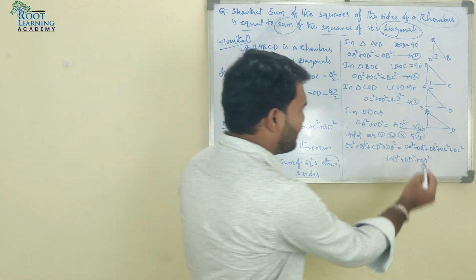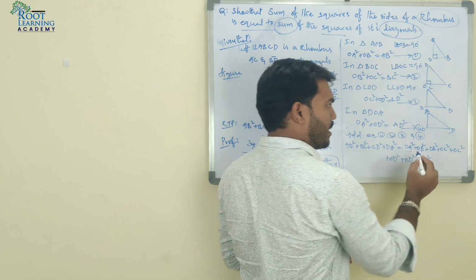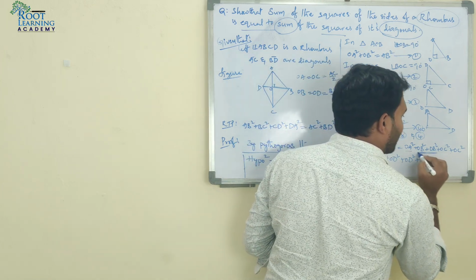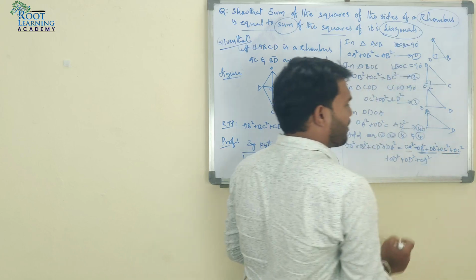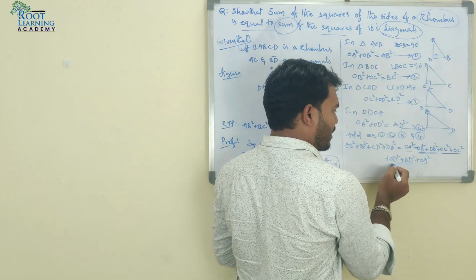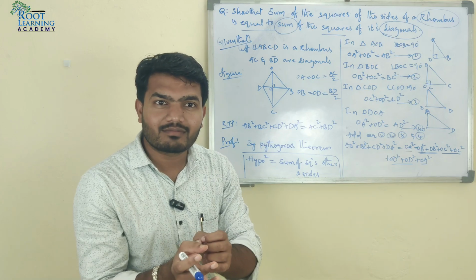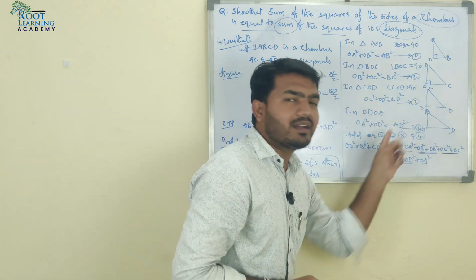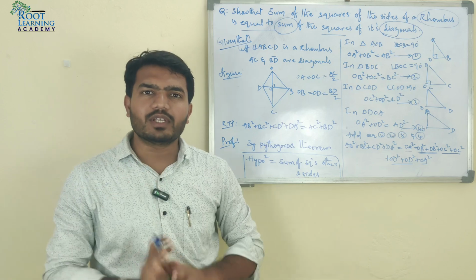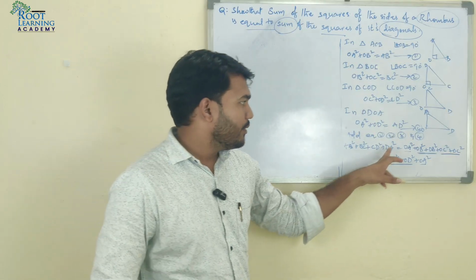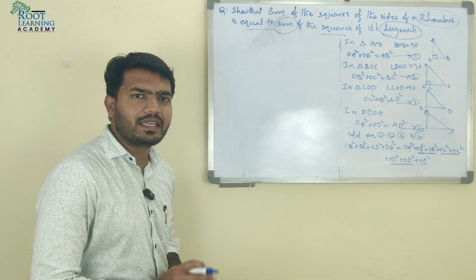So OA square plus OA square is 2 OA square, OB square plus OB square is 2 OB square, OC square plus OC square is 2 OC square, and OD square plus OD square is 2 OD square. Means all the terms are repeated 2 times. So we can write it as 2 of OA square plus OB square plus OC square plus OD square. We have to convert all the RHS in terms of AC and BD.